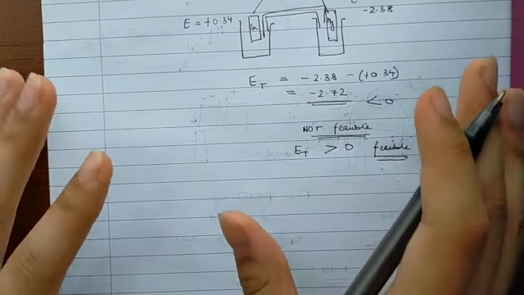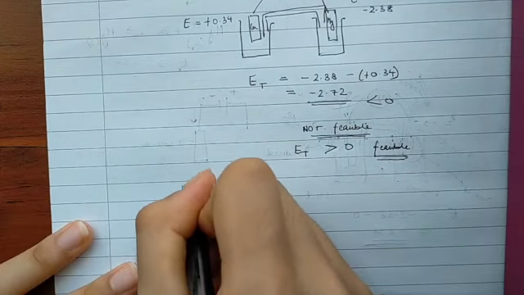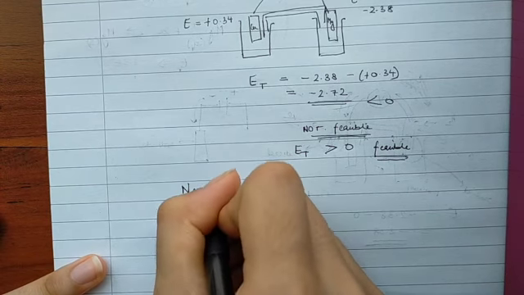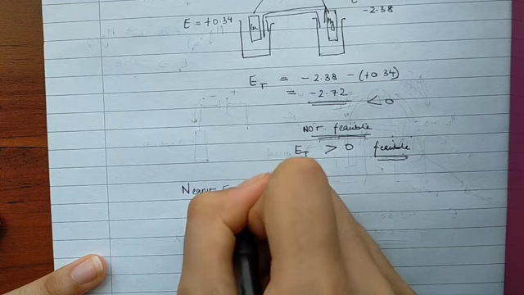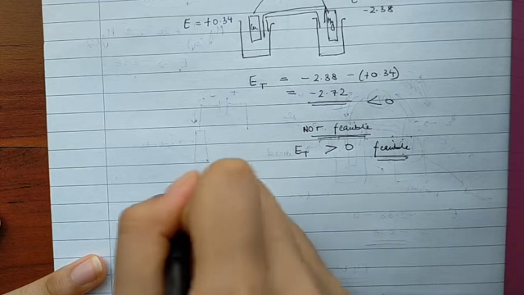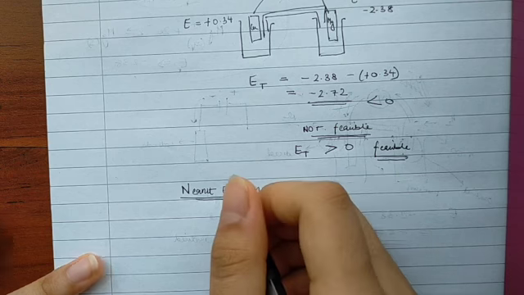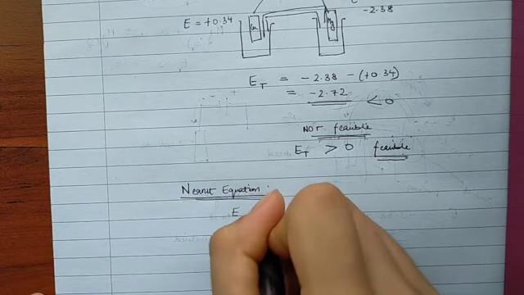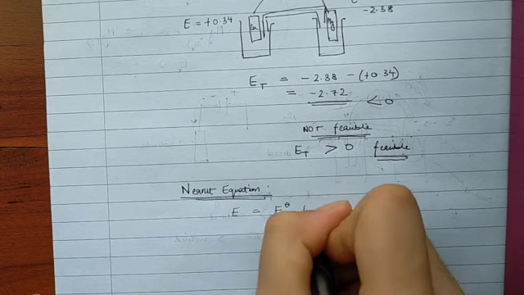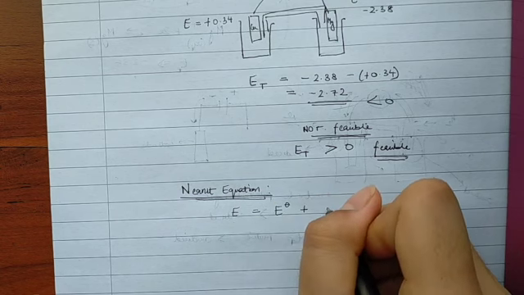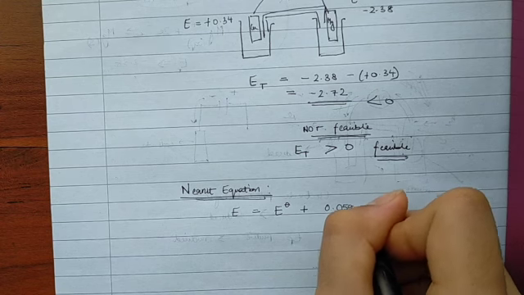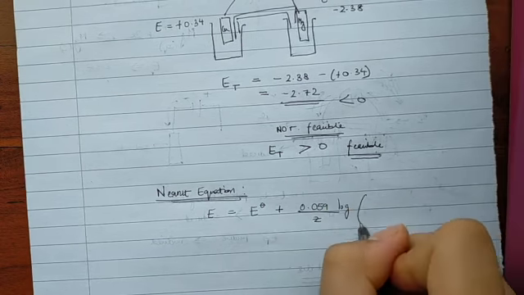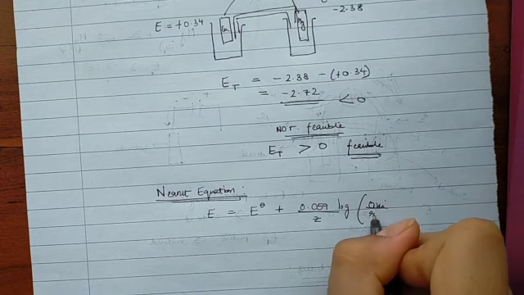When we don't have these conditions, then we use something called the Nernst equation. And the Nernst equation is basically, I hope I'm pronouncing that right, Nernst equation. I'm not entirely sure, but this is how I read it. This is basically the Nernst equation.